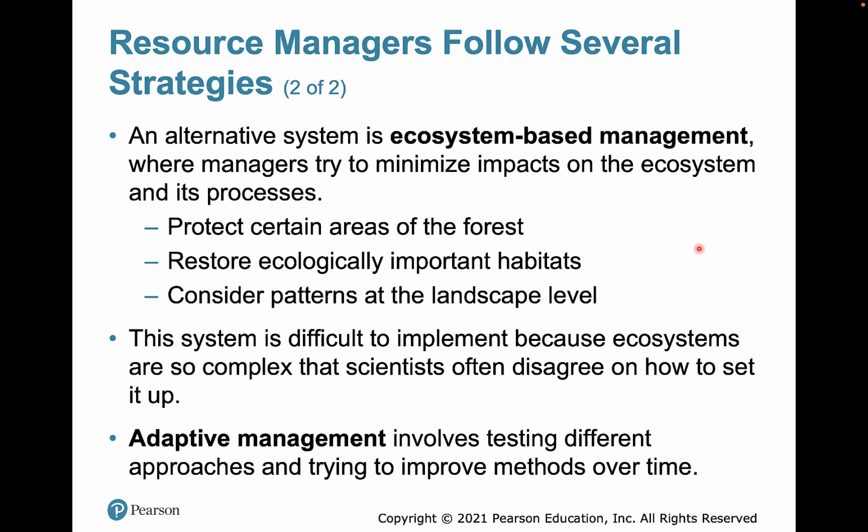You have to look at the forest and the systems in the forest to figure out what the best way is to do the harvesting or to manage that resource. But it's really complicated, and people don't typically agree on it.